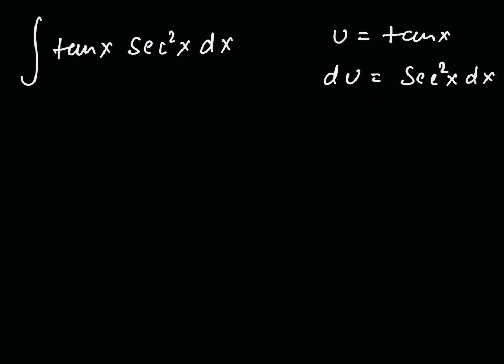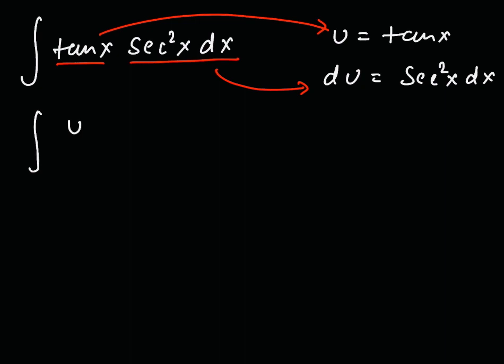x into dx. Now we're going to replace this value so that sec square x dx would be du and tan x would be u. So we're going to have an expression as u into du.